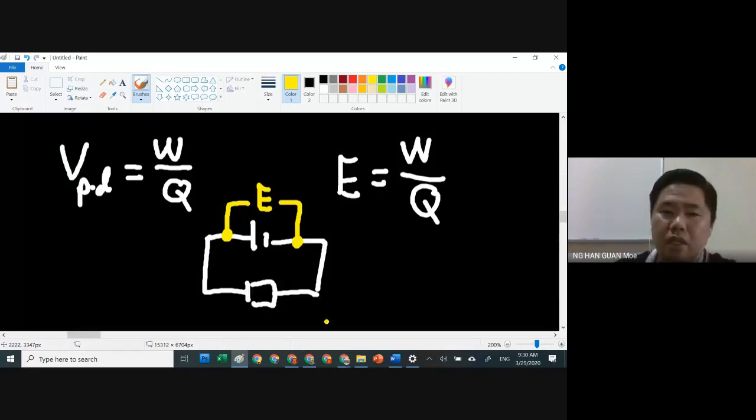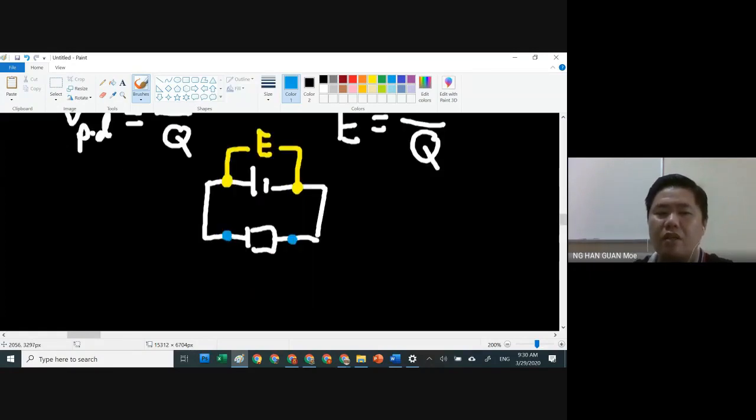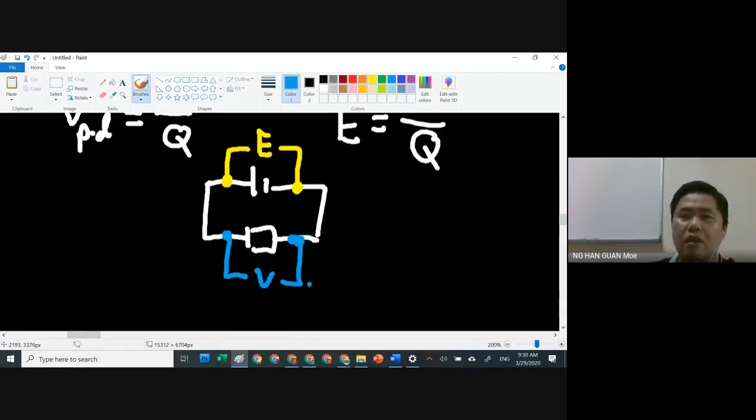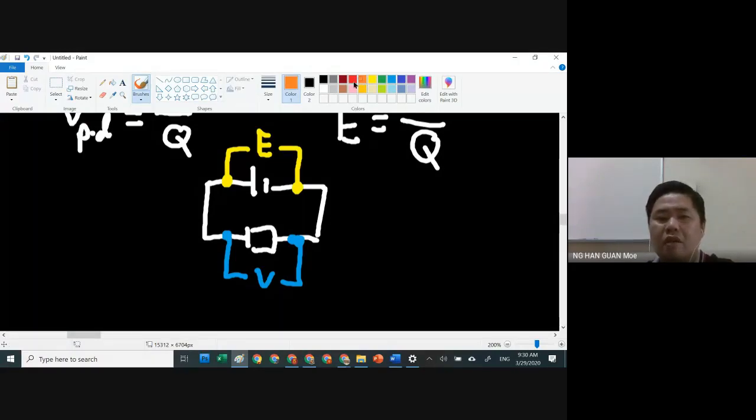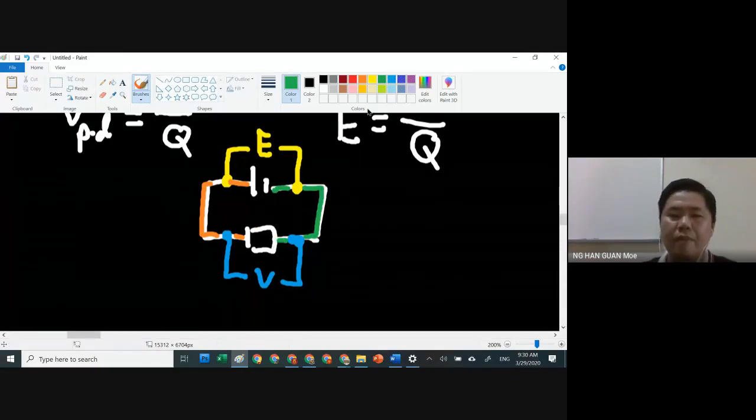At the same time, if I measure across these 2 points by the conductor here, I am able to know the work done by one coulomb of charge across 2 points in the circuit. When you look at the connections, they are connected across the same 2 points, on the orange side and also on the green side. That's why in ideal condition, V and E are the same.